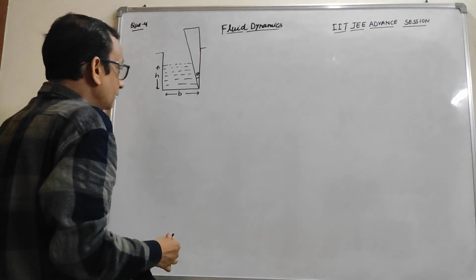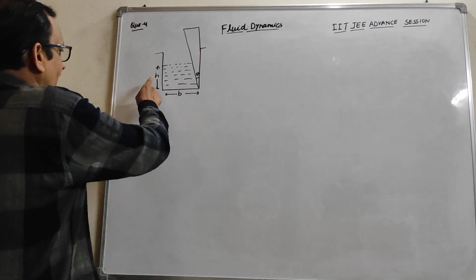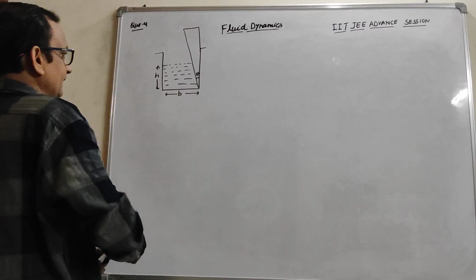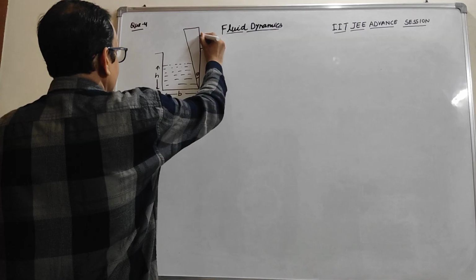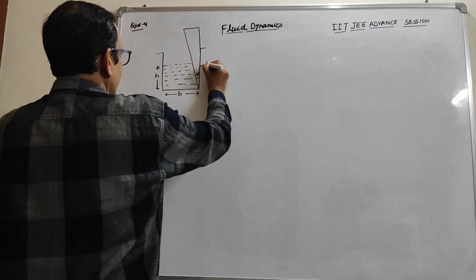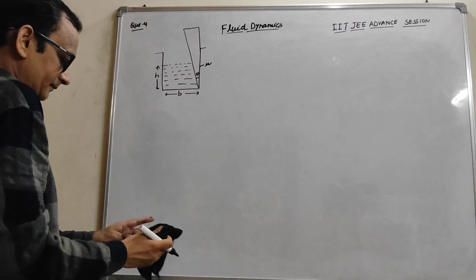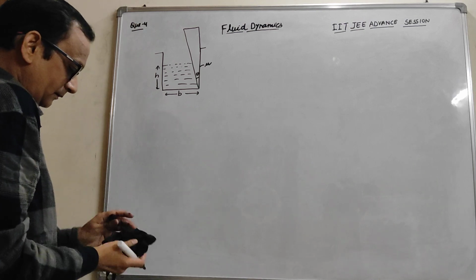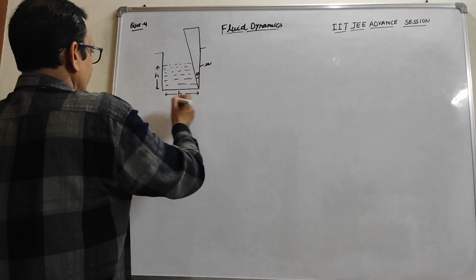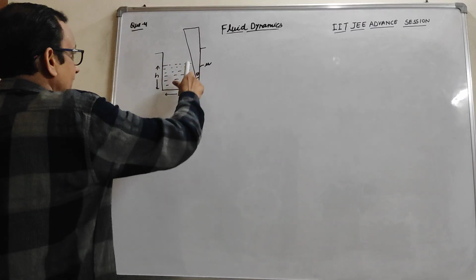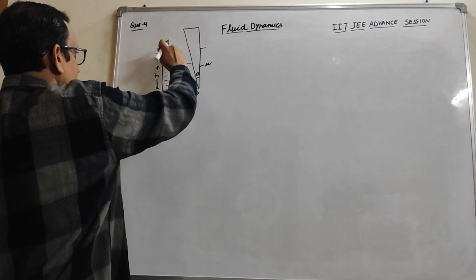Here we have to find the value of h, and given that between this beaker wall and this block, the coefficient of friction is mu. In this situation we pour more liquid here.